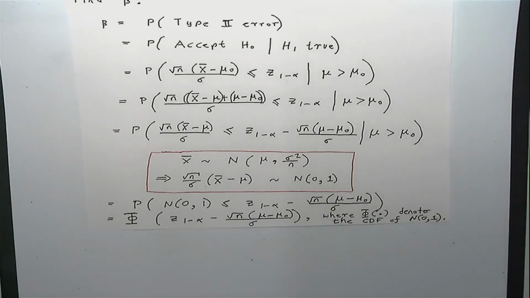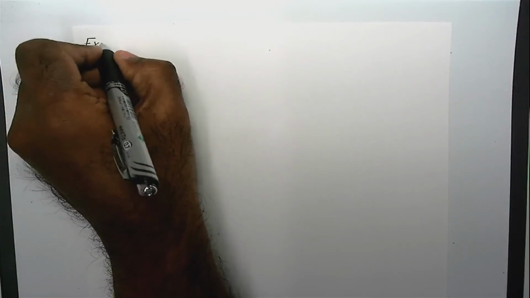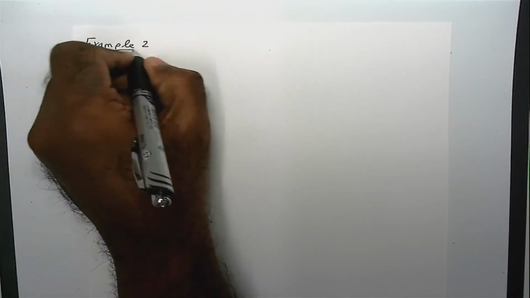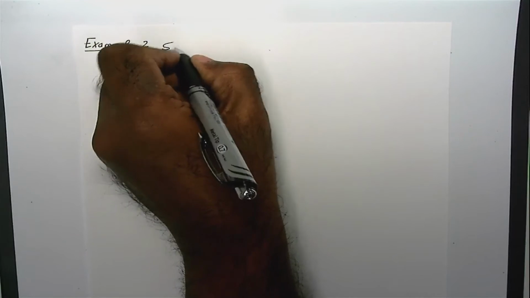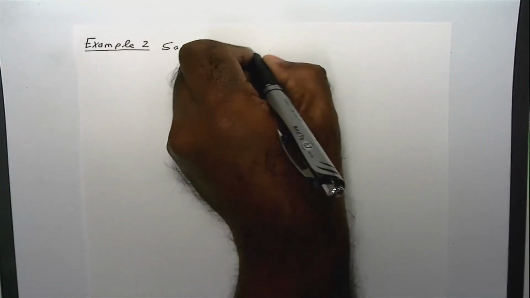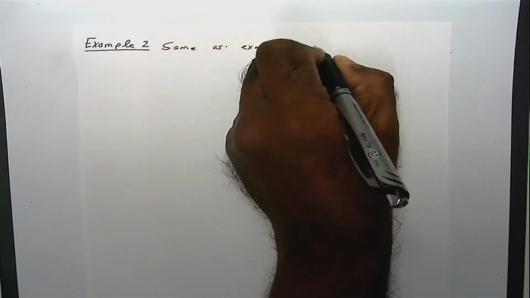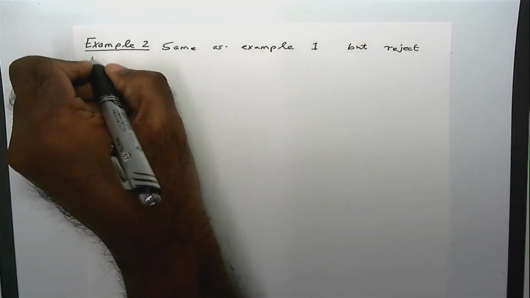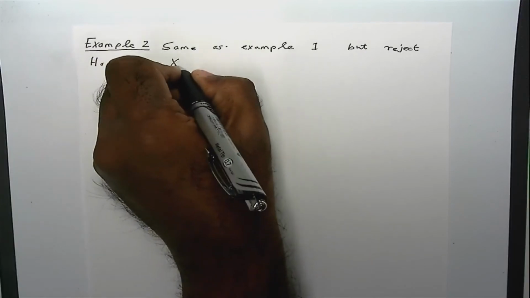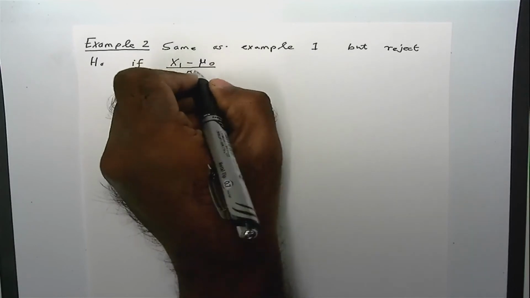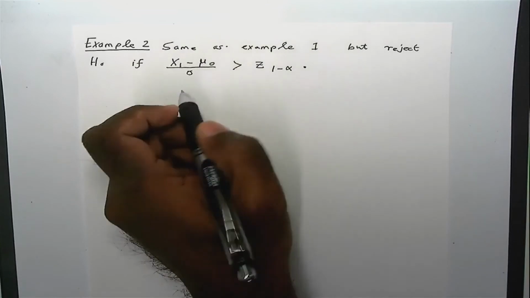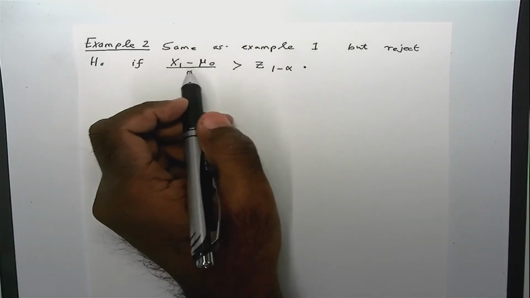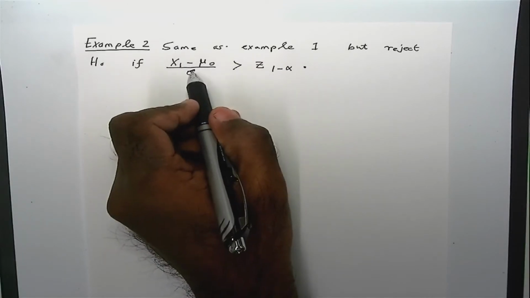The next example I'm going to do is the following. Example 2 is the same as example 1, but reject H0 if x1, which is just the first data point, minus mu 0 divided by sigma is greater than this.